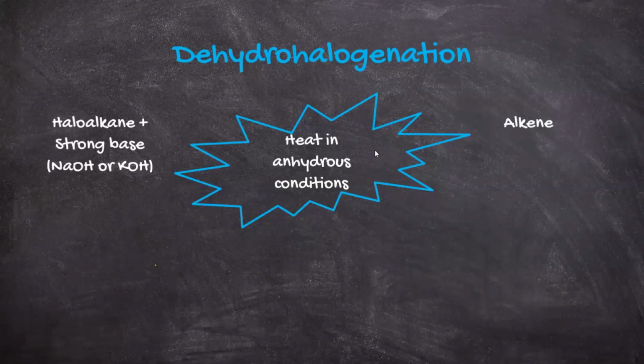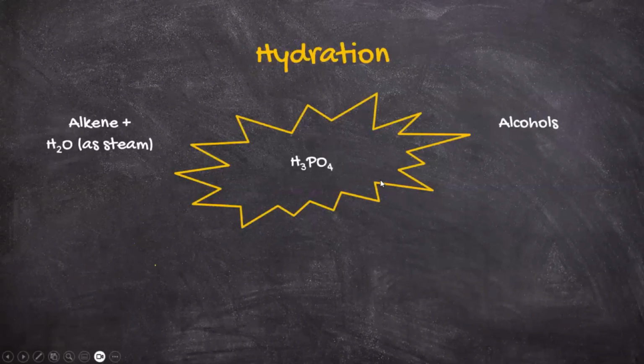If there's nothing in the Q&A and I don't see anything in the chat, I'm going to move on and we can talk about hydration. Now, here we are adding water. Okay. Hydration, we're adding water. And here's the thing. When we, in organic reactions, are working with water, and it's not the solvent, because here it's not the solvent, here we're trying to stick it on, we work with it as steam, okay?